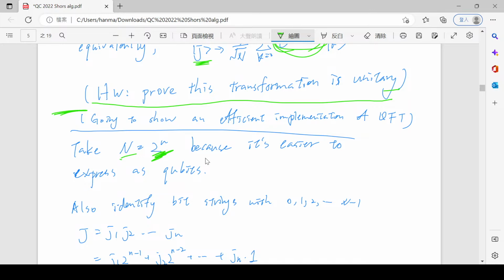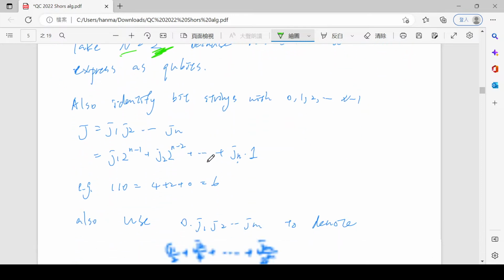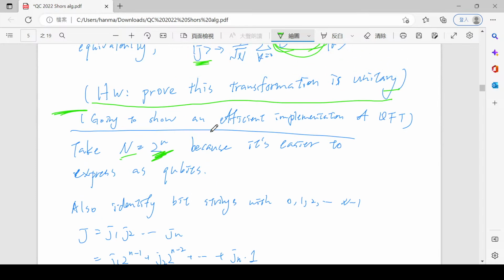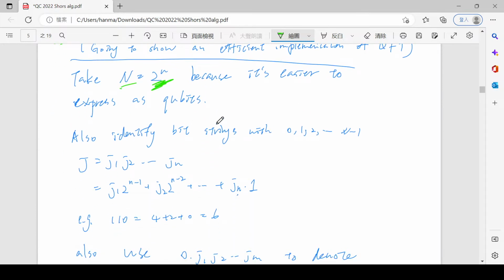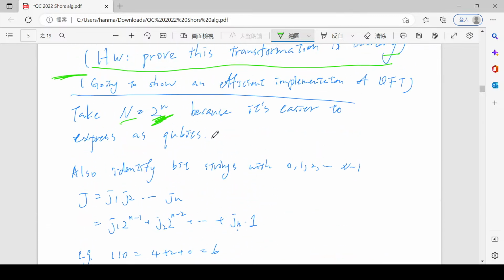This approach recursively decomposes your Fourier transform into smaller Fourier transforms, but we won't see the structure too much here, so let's go over the hard details.